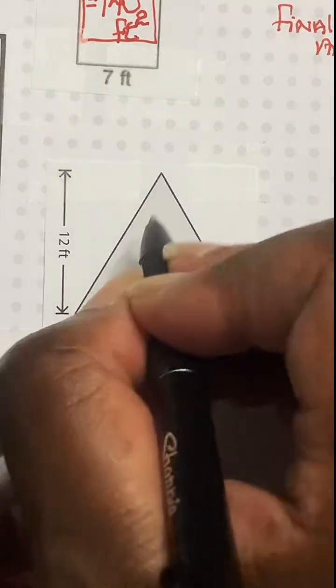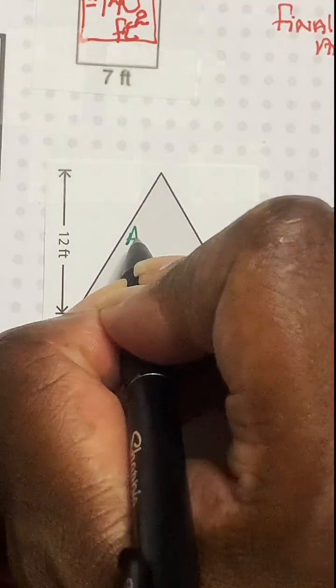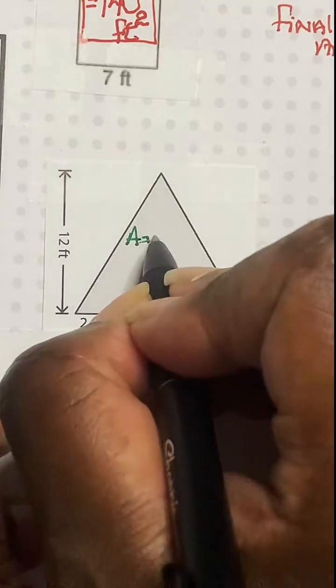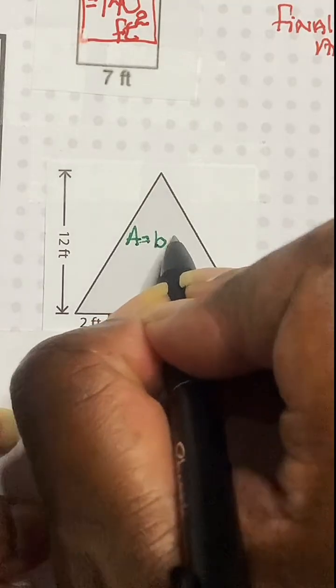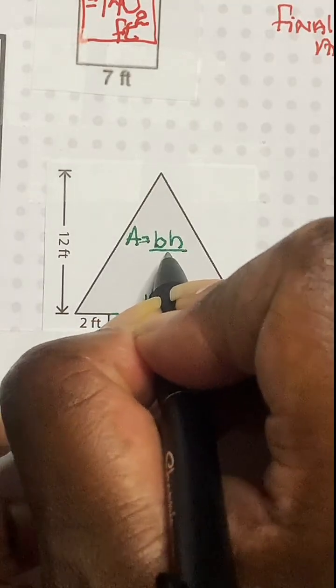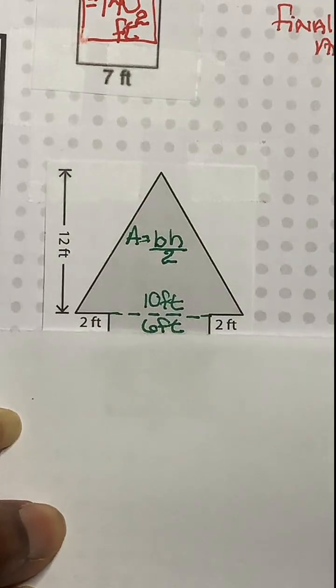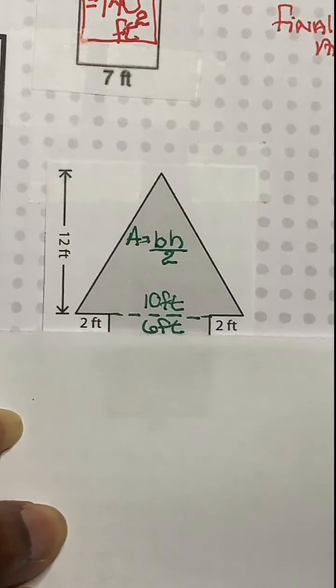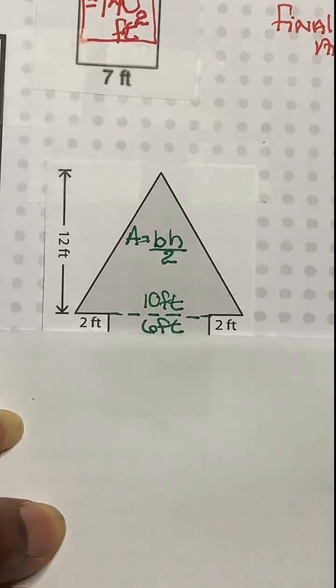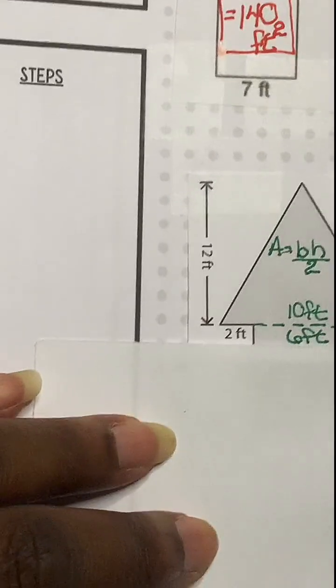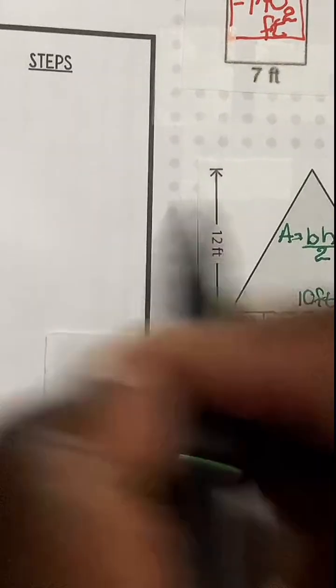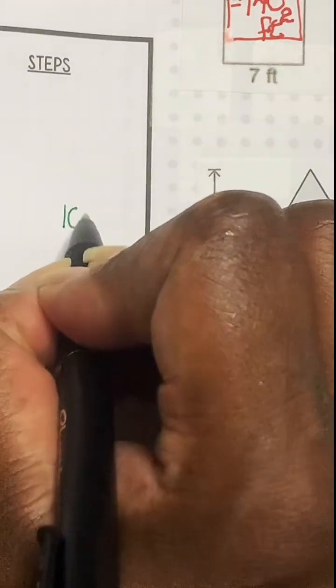So now we want to find our area. The area is basically going to be our base times height divided by 2. No matter what kind of triangle we have, it's always going to be the same thing. So our base is 10.